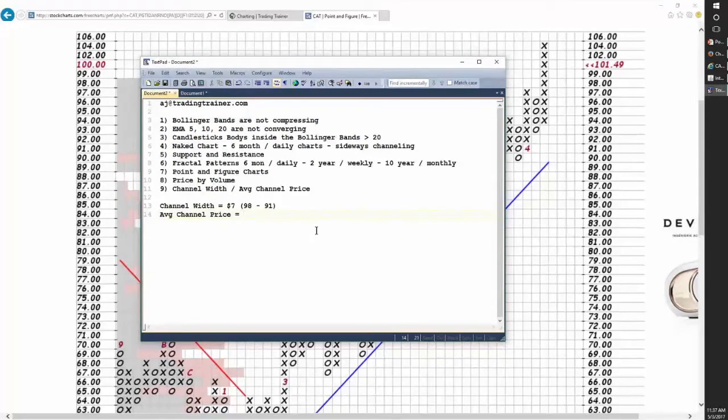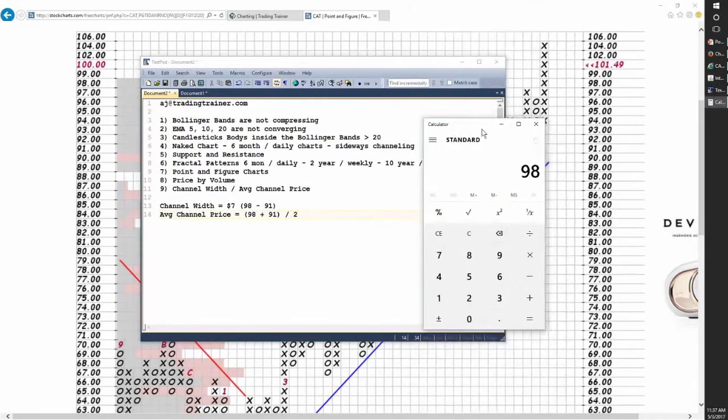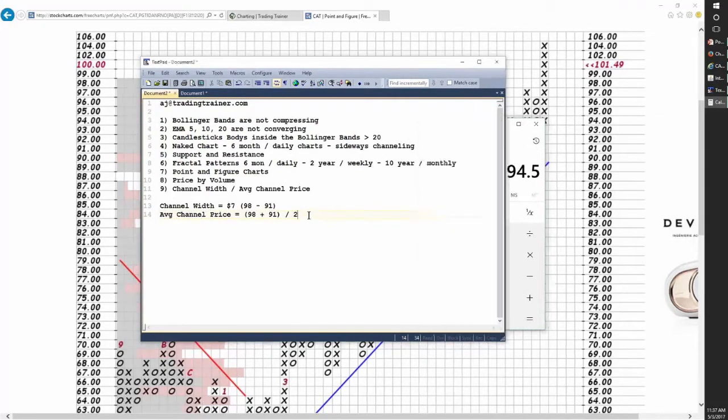The average channel price is 98 plus 91 divided by 2. So the average of that channel is 94.5.